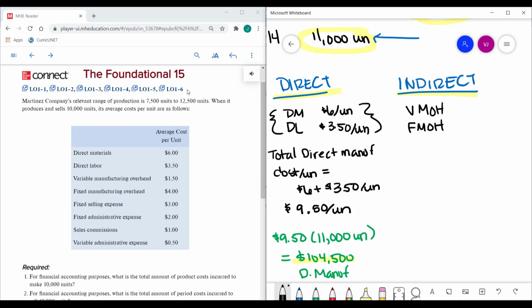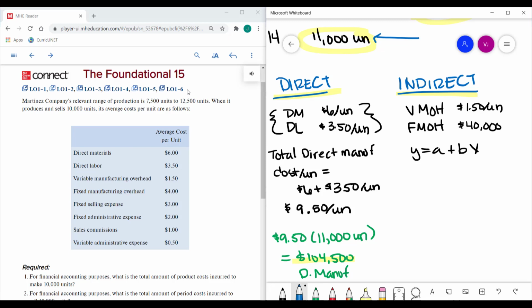So the fixed manufacturing overhead, we already know what that is in total, right? We know that's the $40,000 each period, regardless of what we produce, as long as we're within that relevant range of production. But the variable overhead, that's given on a per unit basis, and the variable overhead, that's $1.50 per unit. So we actually need to use that y equals a plus bx again to find the total indirect manufacturing cost, or in other words, the total manufacturing overhead cost to produce 11,000 units.